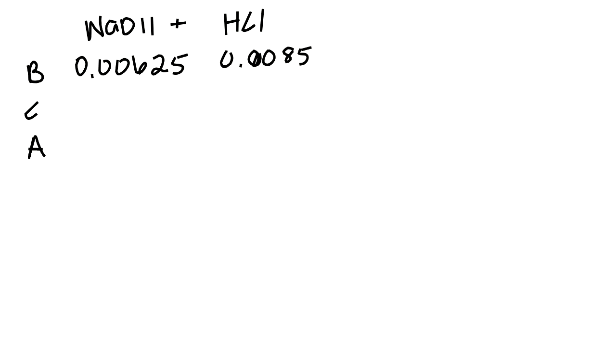So again, we know that we're not at the equivalence point because our moles are not equal to one another. So the one that has less is going to be consumed, which in this case is our sodium hydroxide. So our after is going to become 0 for sodium hydroxide, which tells us that the change is minus 0.00625.